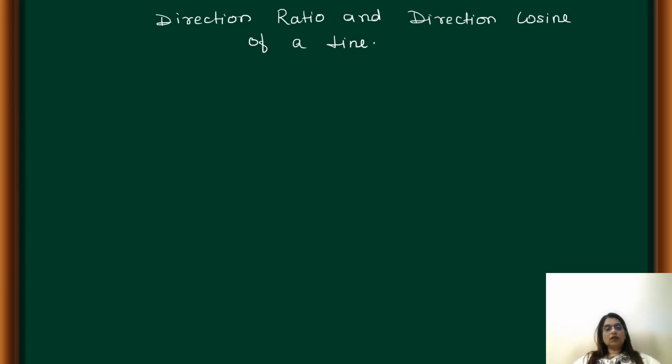Suppose this is your x-axis, this is your y-axis, and let's say this is line L. This line L is making an angle, say theta, with the positive side of the x-axis.